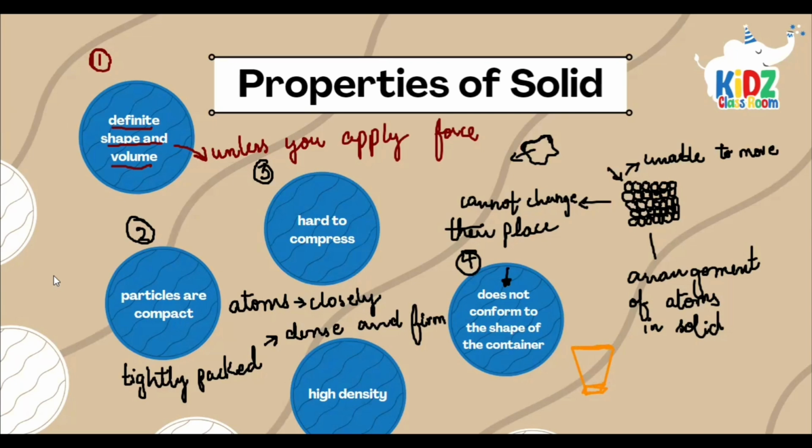And when we place this rock in the glass, the glass is a container, right? What is a container? That which contains something. So glass is a container. If we place this rock inside the glass, will it change and take the shape of the glass?